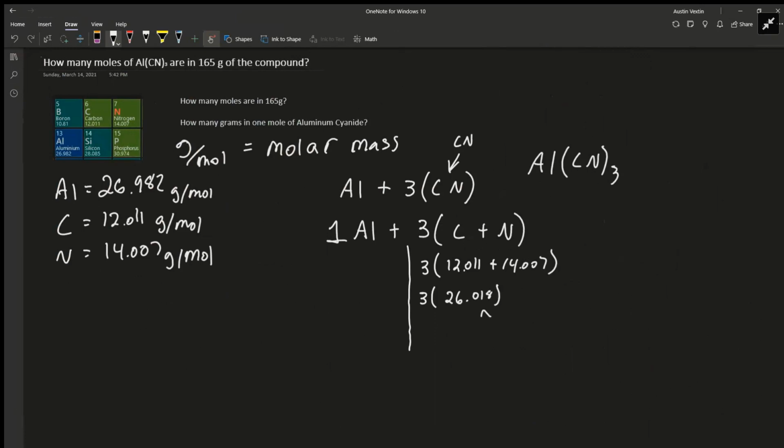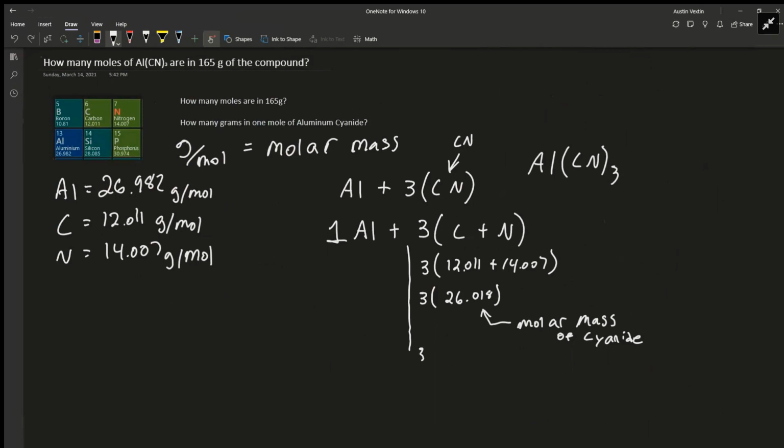And notice 26.018 here, that is the molar mass of cyanide. So we just added 1 carbon plus 1 nitrogen. Since cyanide is just 1 carbon and 1 nitrogen, the molar mass of those is just the molar masses of each atom added together.